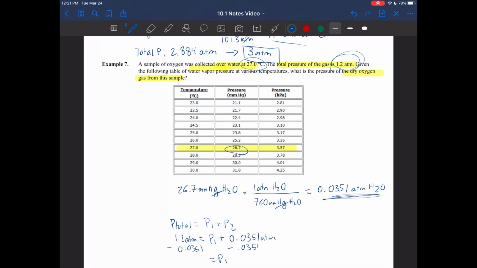And the pressure of the oxygen, once you subtract that, is going to be 1.1649 atmospheres or so. Now, if you round to the correct number of sig figs, this answer is kind of funny. It's going to be 1.2 atmospheres again. But either way, that is going to be the partial pressure of oxygen, according to our calculations.